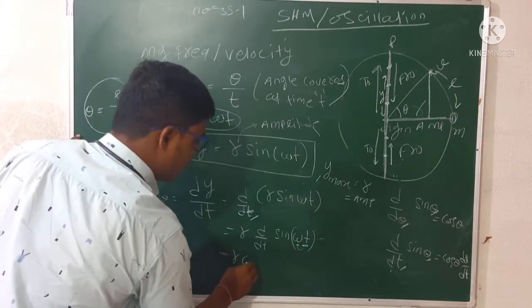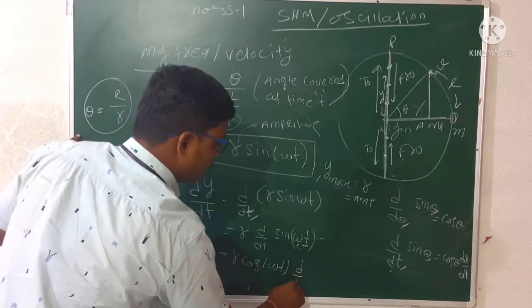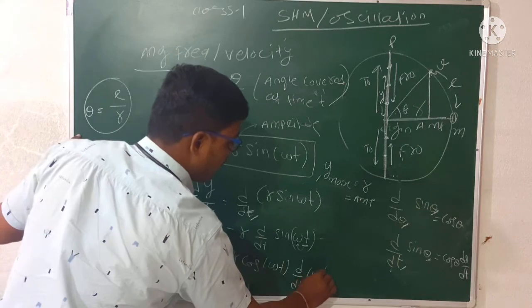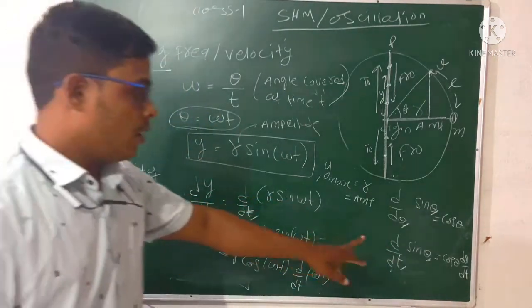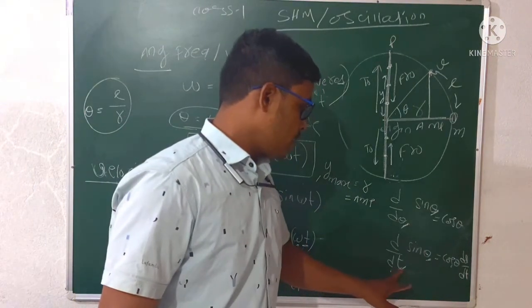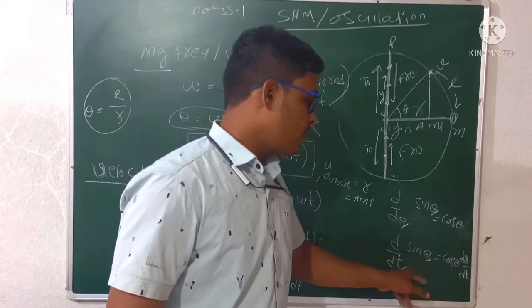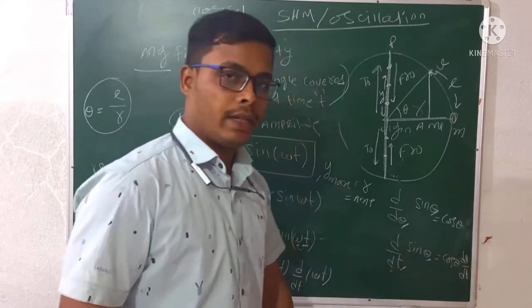So what will be the answer? r cos omega t into d by dt of omega t, according to the derivative properties. If the variable is t and you are differentiating theta, then the answer will be cos theta d theta by dt.